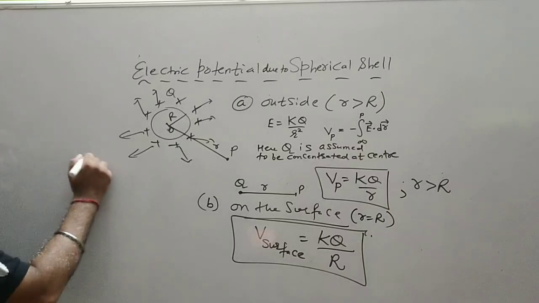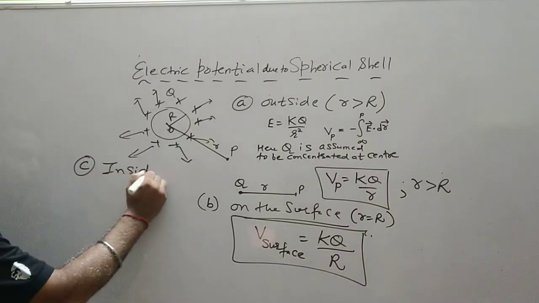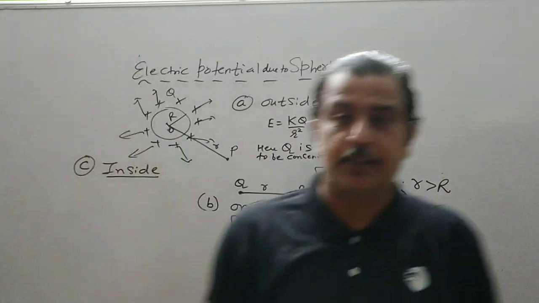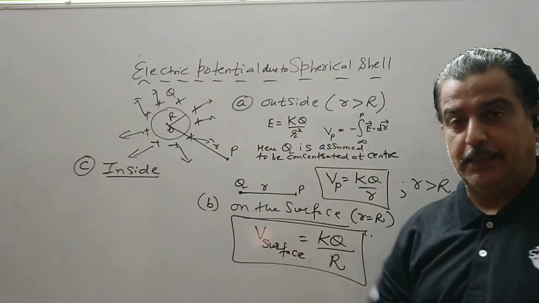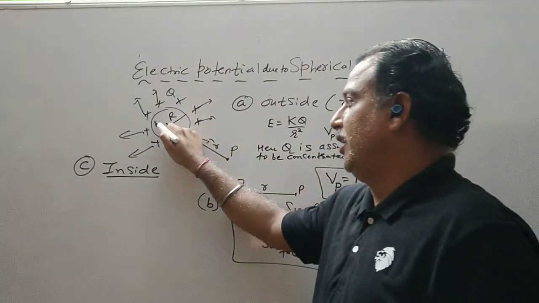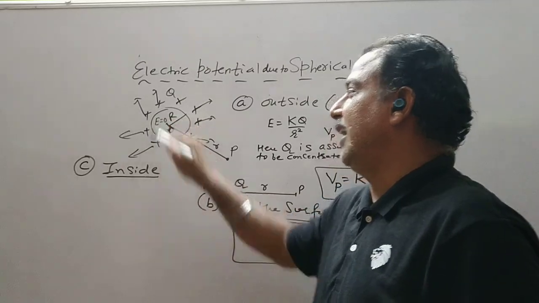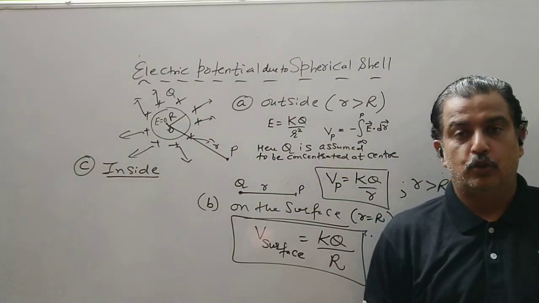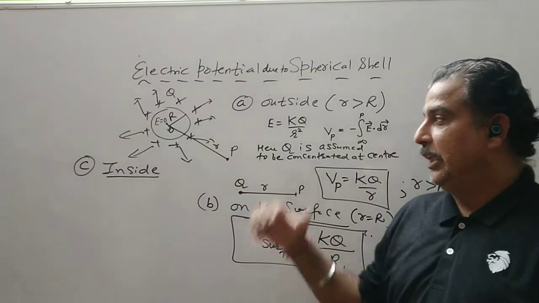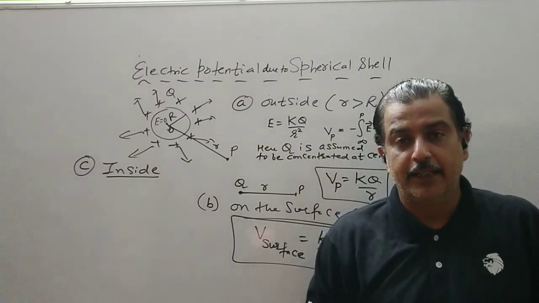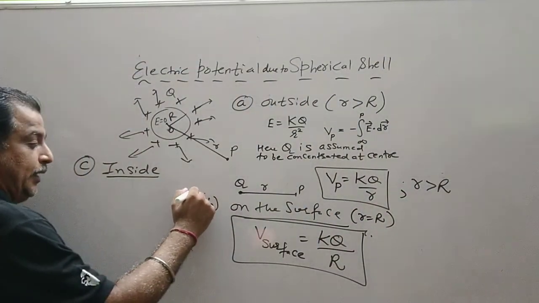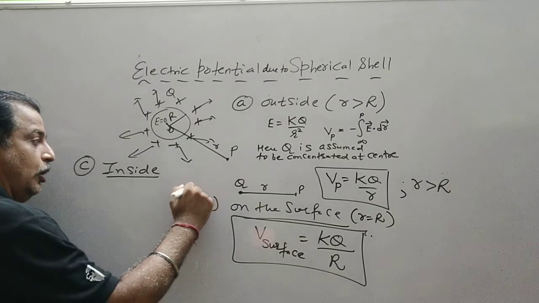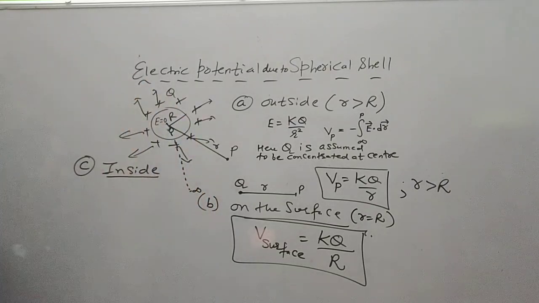Third part, inside. Now this is an interesting point because when I go inside this spherical shell, the electric field intensity inside it is 0. So I will not do any work against the field because the field is absent. But I have to come from outside, from infinity, to inside the hollow sphere.